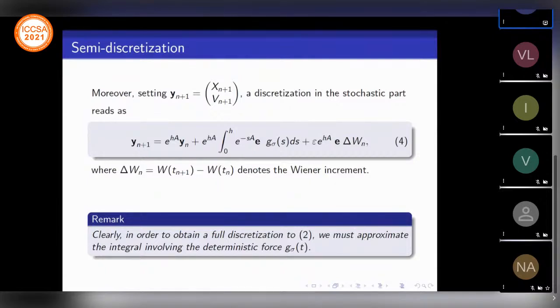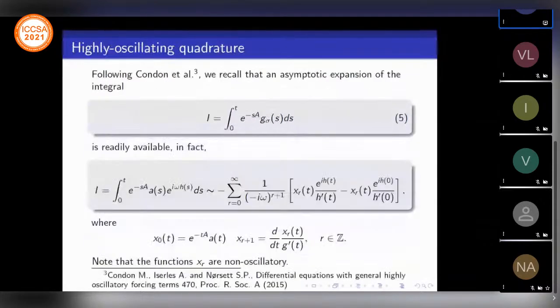The remaining term is the term involving the time-varying, highly oscillating force, and we consider a technique widely used in deterministic models, which is the asymptotic expansion of the highly oscillating integral.